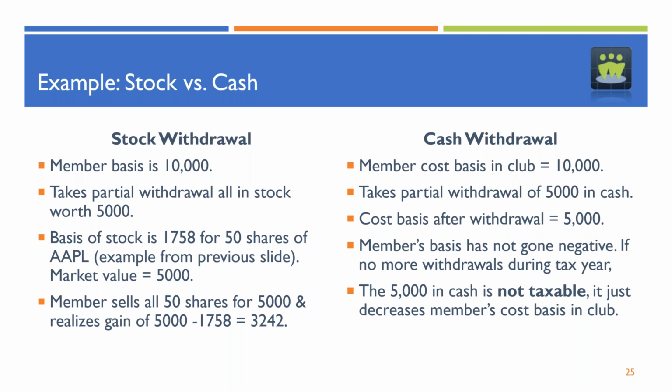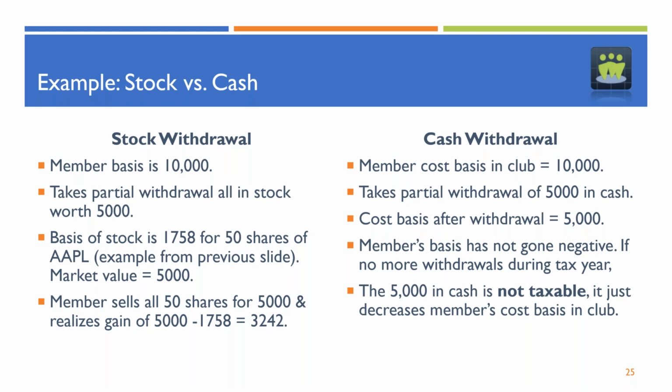Now for the cash withdrawal, the member receives $5,000 in cash. Their cost basis goes down by $5,000. It's not negative, so they don't have a gain for the year, and the cash they received is not taxable because it didn't take their cost basis below zero.